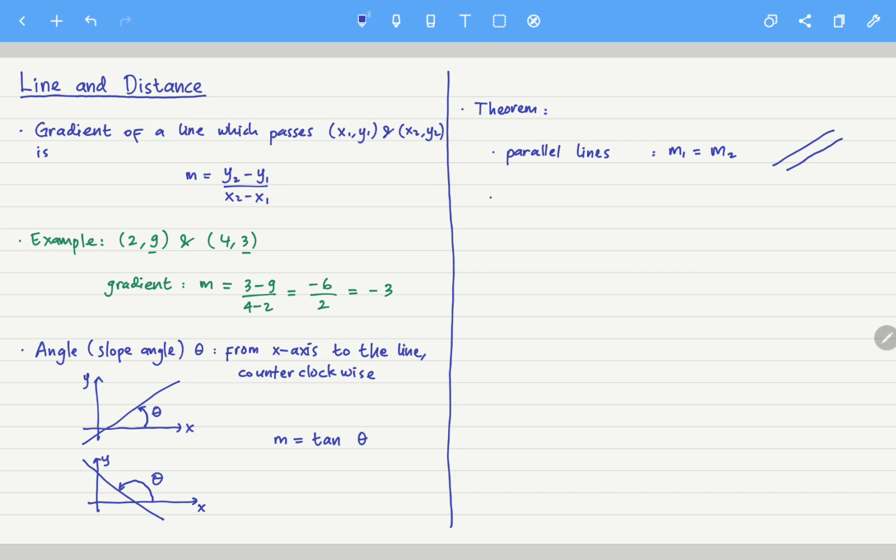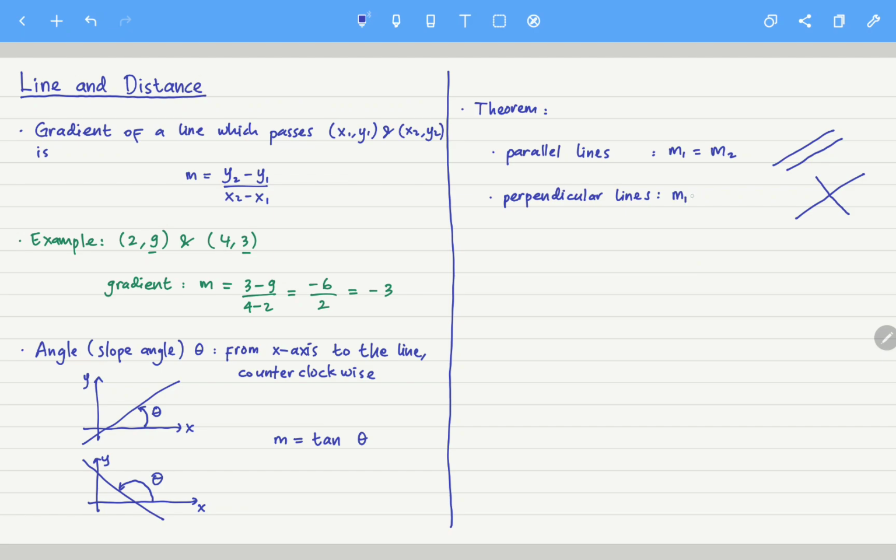Next, we also have perpendicular lines. So let's say this is the first line and we have this as the second line, and if we see the gradients of the two lines, then we will have the following relation.